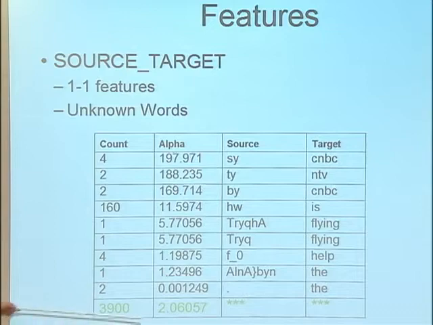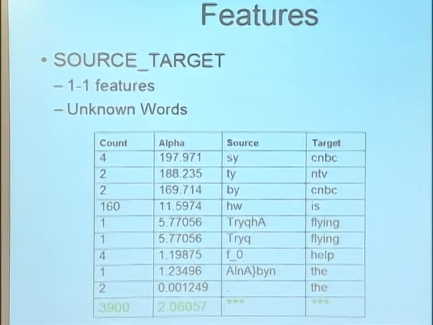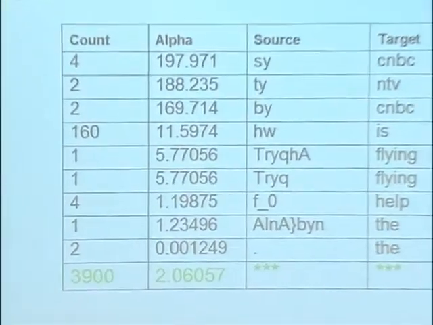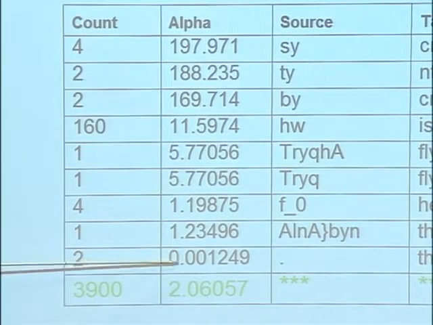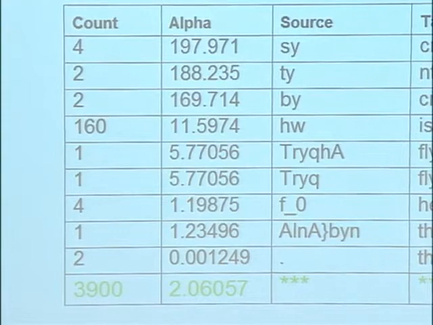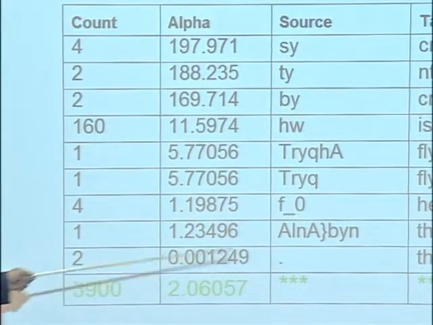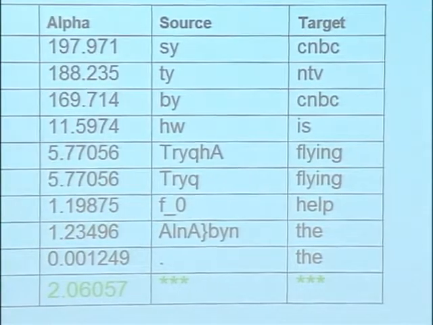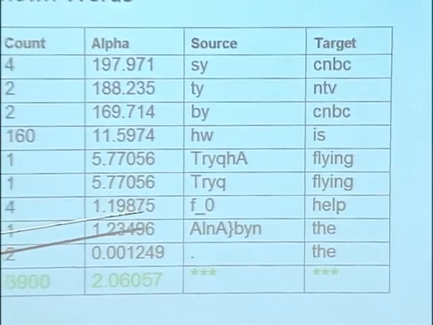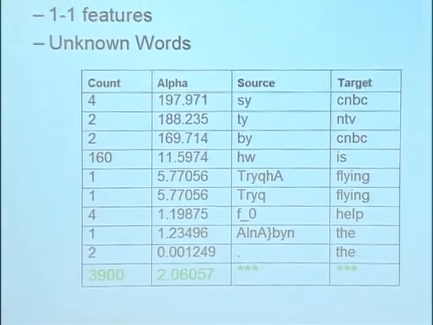Okay, alpha greater than 1 usually is the model voting, saying that it's a good thing to do. Alpha less than 1, it doesn't like to do. Okay, so what is F sub 0? F sub 0 is the null state. So if you align, it seems like 4 times in our corpus, the English word help is aligned to null.